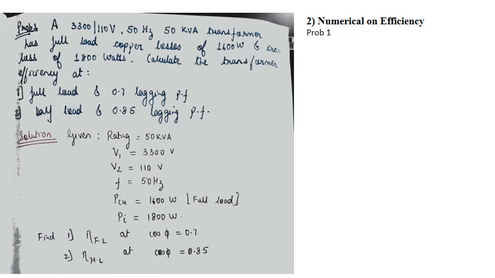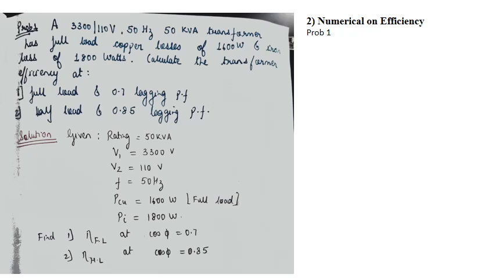So we need to calculate two things in this particular numerical. First is the efficiency at full load and 0.7 lagging power factor. Now, if you remember, I have talked about lagging and leading power factor. Lagging power factor means that when a load is connected to the secondary, it is such that your current lags behind the voltage.